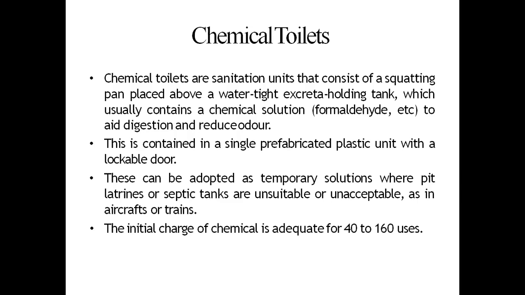These types of latrines are mostly suitable for aircraft or trains, where pit latrines or septic tanks are unsuitable or unacceptable. The initial charge of chemical is adequate for 40 to 160 uses.